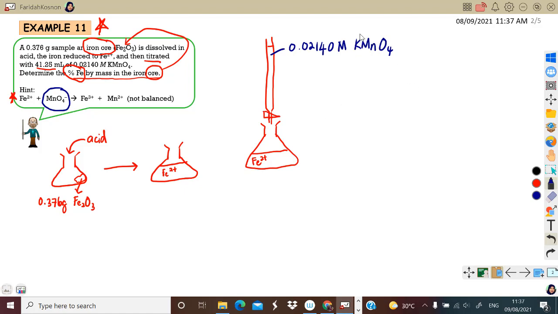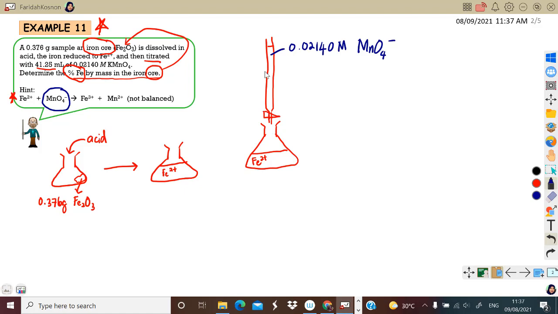Maksudnya dalam potassium permanganate, dia ada K+ and permanganate ion. So, K+ ini hanyalah spectator sahaja. Jadi, kita tak payah tengok dia. Maksudnya, saya boleh juga tulis ini sahaja. Saya boleh tulis, maksudnya dalam burette kita ada permanganate ion. Okay, because K plus dia tidak bertindak balas, dia tidak undergo redox reaction dalam kes ini.